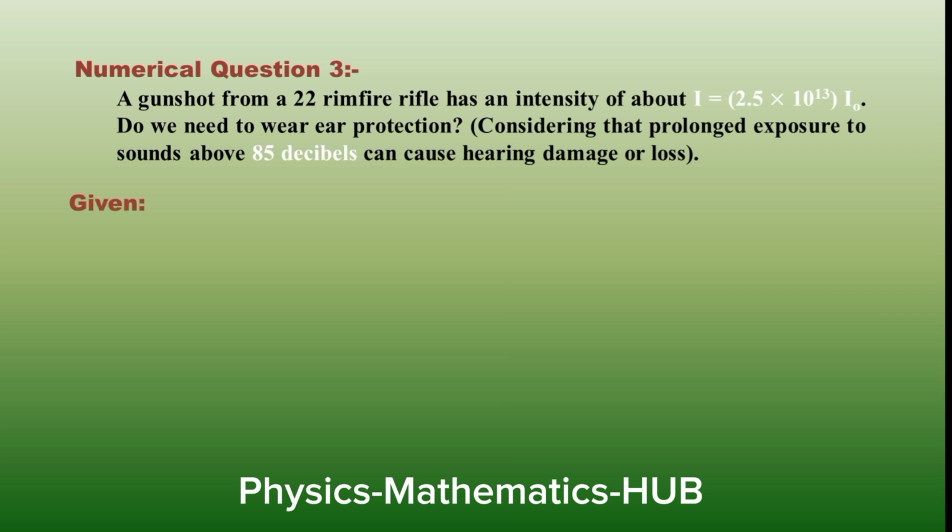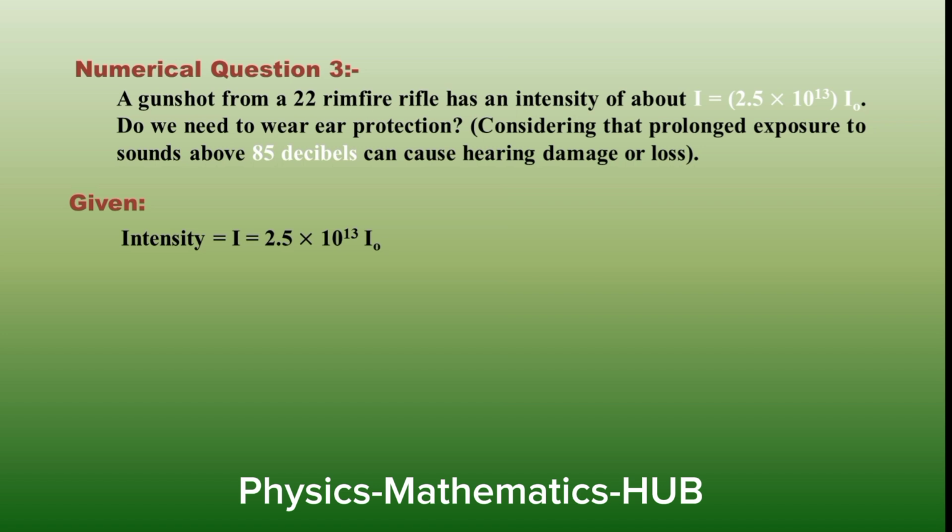We are given that the intensity I of a gunshot is about 2.5 multiplied by 10 to the power 13 times the threshold of hearing. Here, the threshold of hearing I naught is the quietest sound intensity that the average human ear can detect.